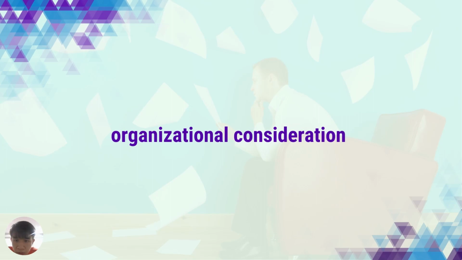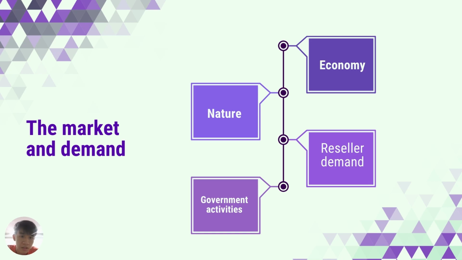Finally, management must identify who is accountable for setting price within the business in order to coordinate pricing goals and decisions. The nature of the market and demand, as well as environmental factors like the economy, reseller demand, and government activity, are all factors that affect external pricing.